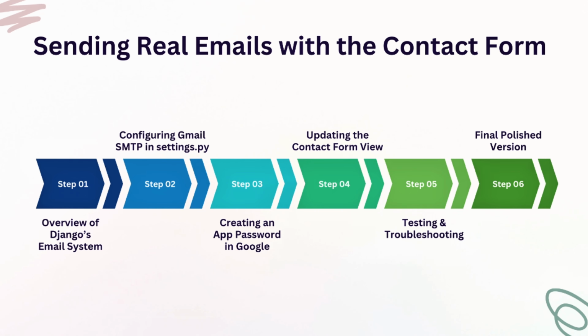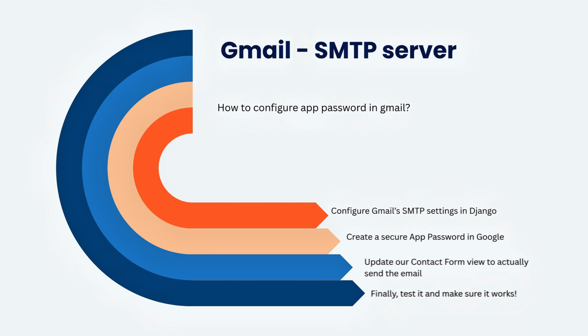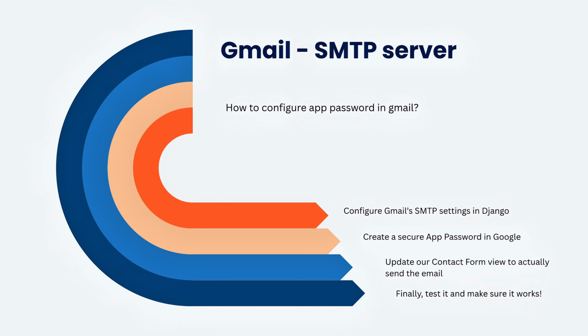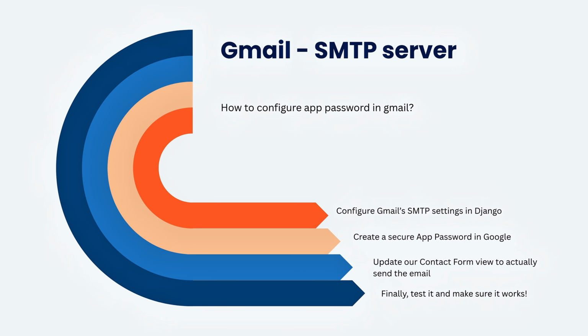Step 1. Overview of Django's email system. Before we jump into coding, let's understand how Django handles email behind the scenes. Django has a built-in email backend system. It's basically a way to send emails using a few settings in our settings.py file.